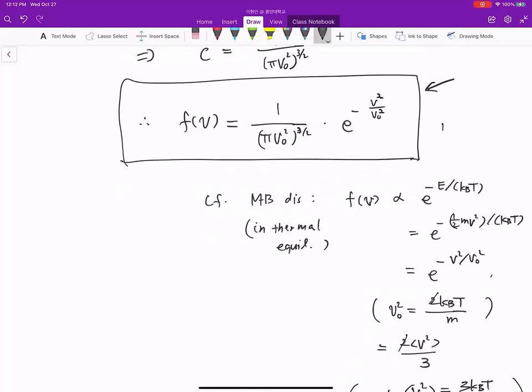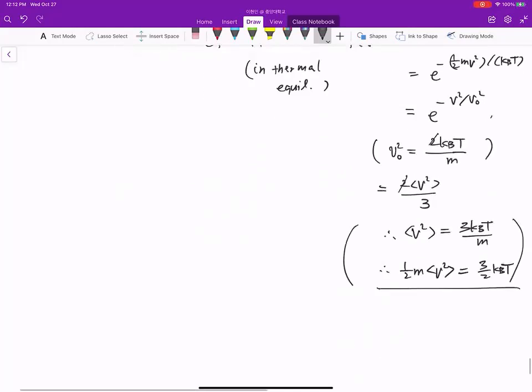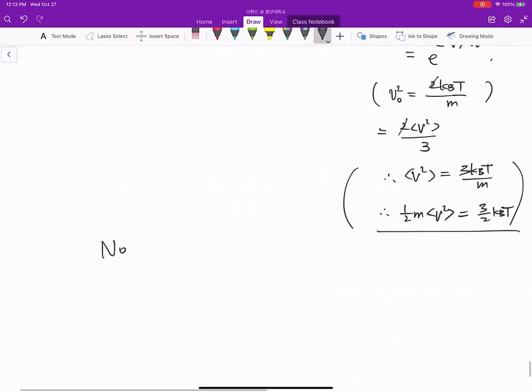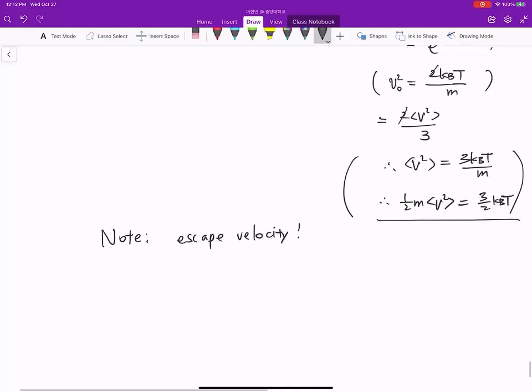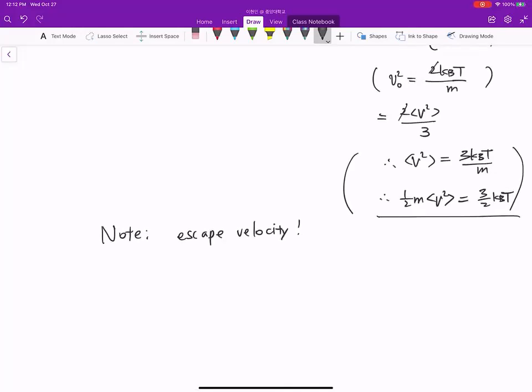But in reality, we have an escape velocity. If the dark matter velocity is too large, then dark matter cannot be bound to the galaxy.